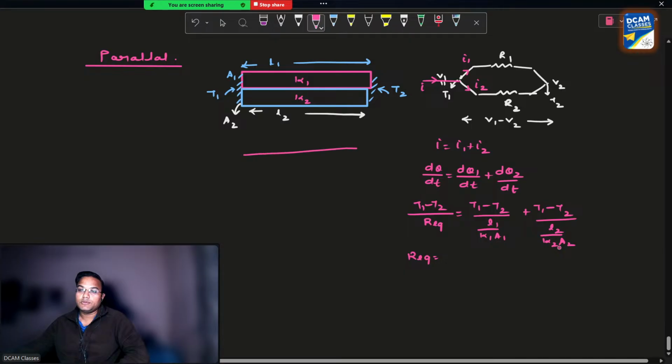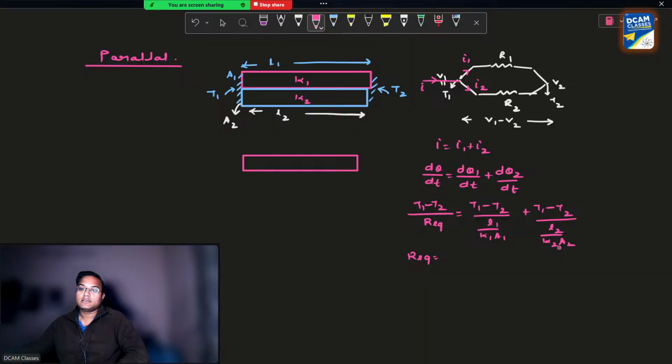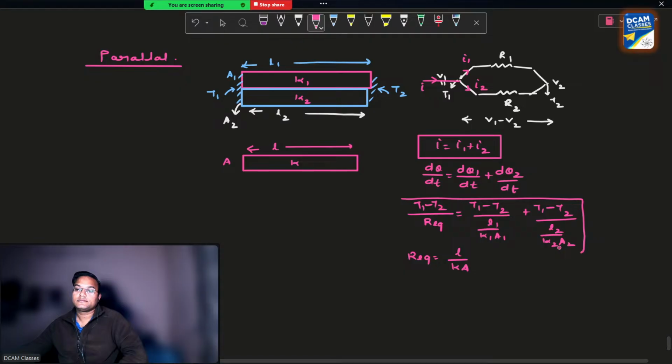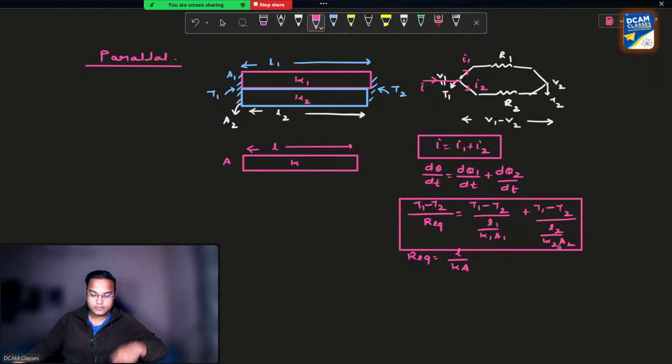Suppose they give you in the question that this setup is replaced by some length L and area A and conductivity as K, then R equivalent will be L by K A. Accordingly, you solve the question for the unknown quantity. Okay, I think you have understood.